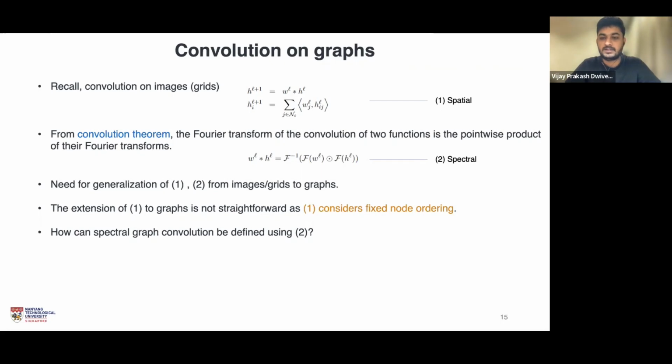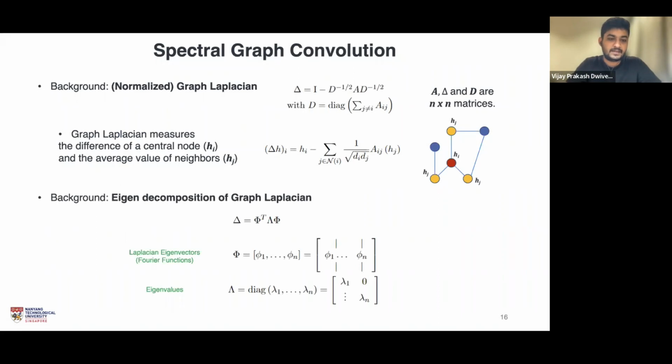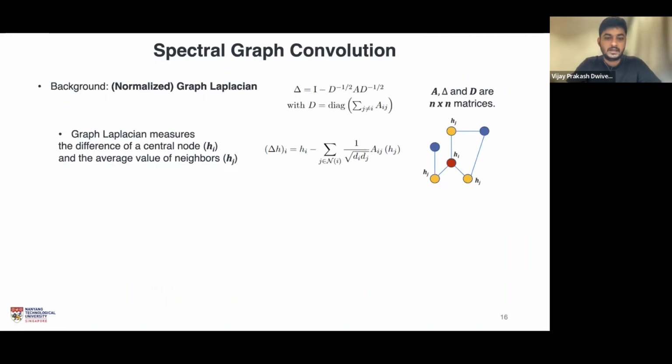But let's try to generalize the convolution in the spectral domain, using this spectral convolution function. To generalize the spectral convolution on graphs, we need two key backgrounds: the graph Laplacian and the eigen decomposition. I'll define both of these so that in the next slide we can understand how we use these operators when defining convolution for graphs.